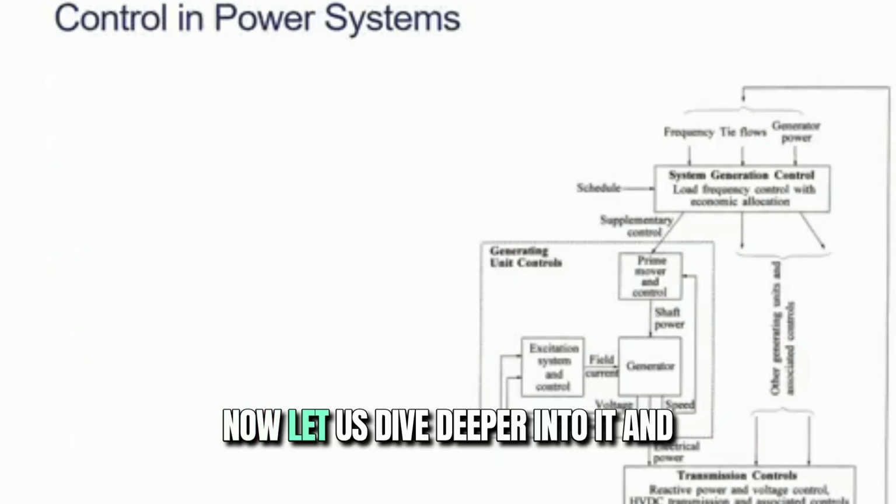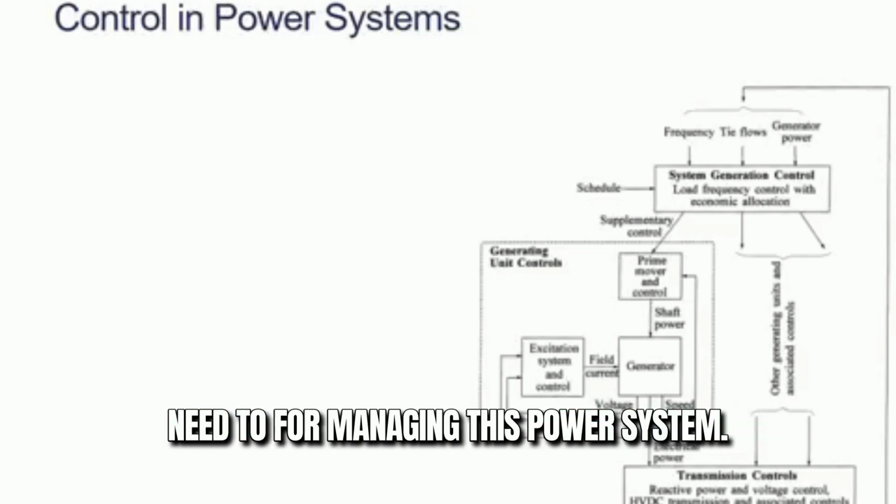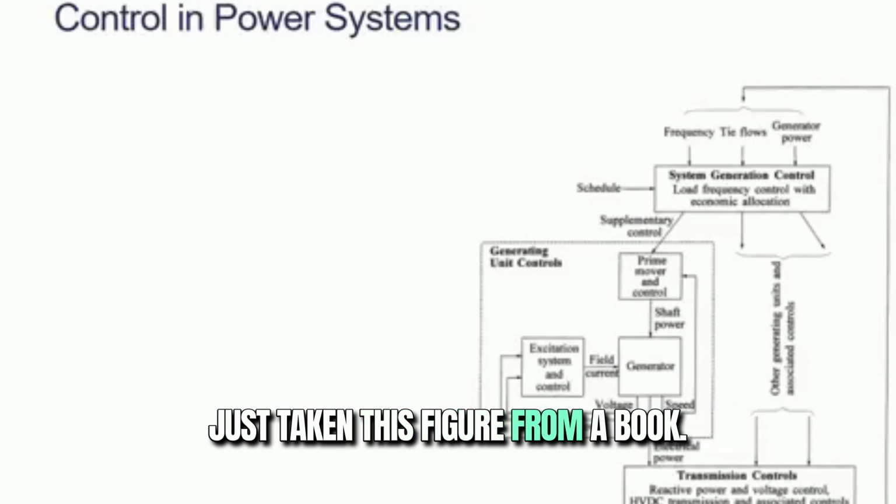Now let us dive deeper into it and see a few more constraints or criteria we need to consider for managing this power system. So basically, in a broad sense, I've just taken this figure from a book.